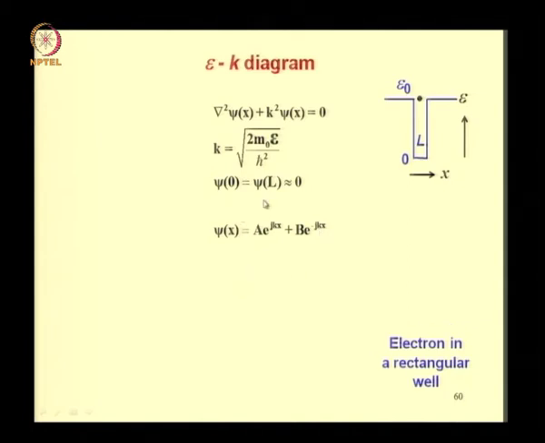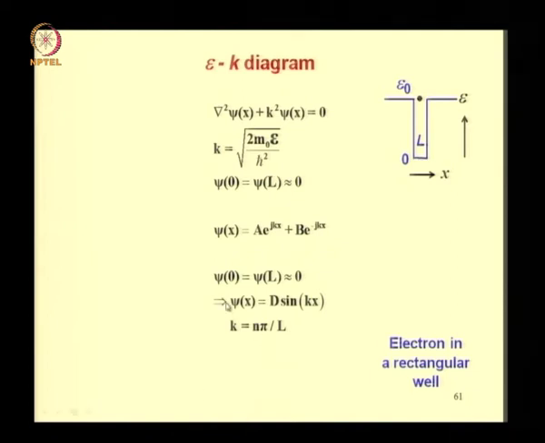Since you have two boundary conditions, you have two coefficients here. Now you can get A and B from the boundary conditions, and the result will be that psi(x) is given by a constant D into sine of kx, where the kx is coming from the exponent here, and the k is related to the energy of the electron as given in this formula.